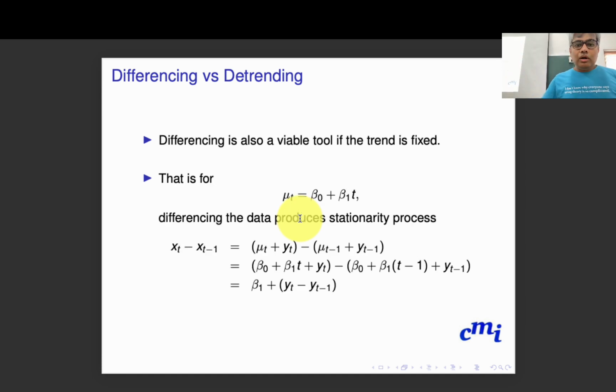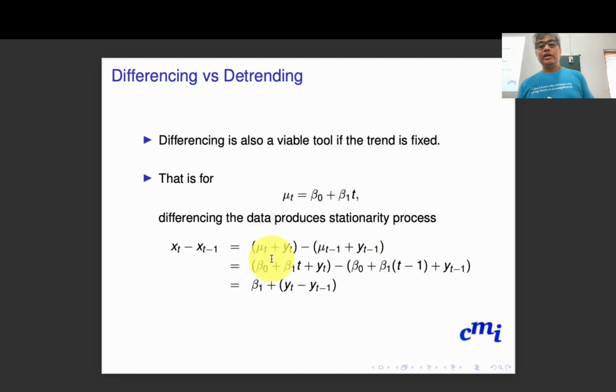Now, differencing is also a viable tool if the trend is fixed. So your mu_t is beta_0 plus beta_1 t. Now if you take X_t minus X_{t-1}, that is mu_t plus Y_t minus mu_{t-1} plus Y_{t-1}. Now you plug beta_0 plus beta_1 t in for mu_t and mu_{t-1}.